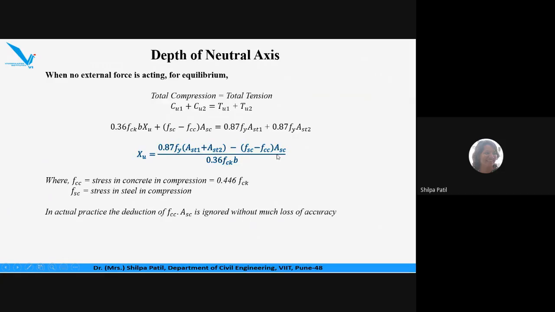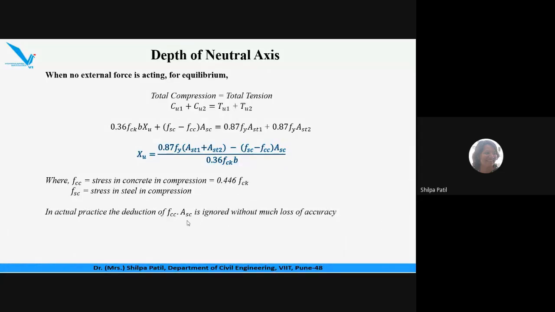See, if you have provided say just 20 mm diameter bars and there are two holes of 20 mm diameter as compared to the entire width of say 300 mm. So that much area, when we consider fcc into Asc, that stress comes very, very small value. And even if we ignore that value, it doesn't have any impact on the final xu value.